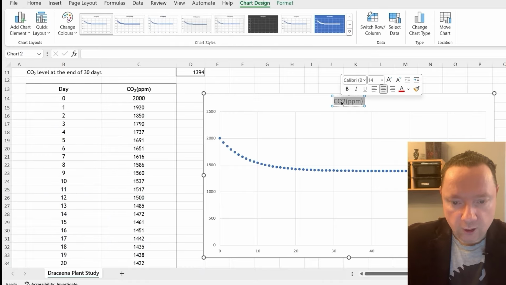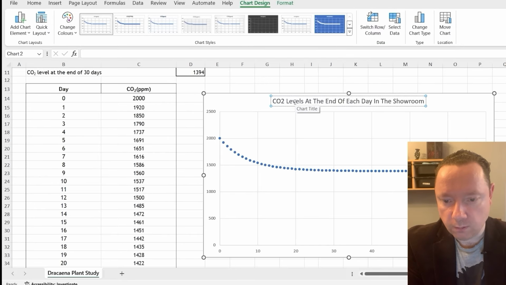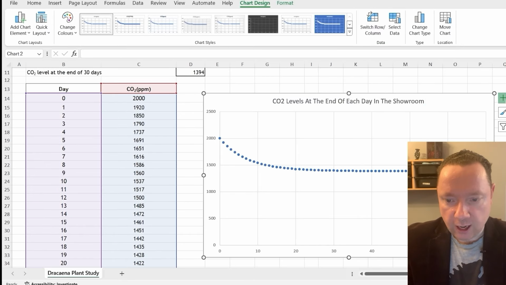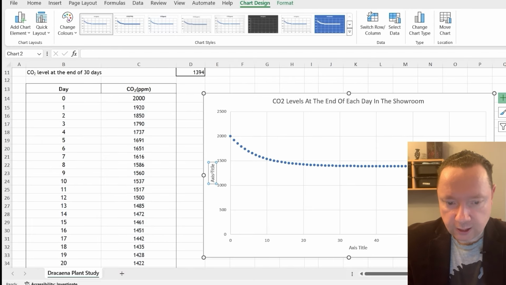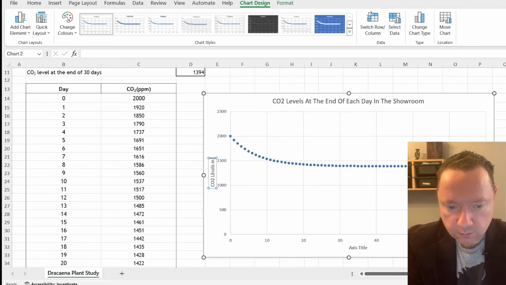So, title, CO2 levels at the end of each day in the showroom. And then we need to add our axis labels, so axis titles, CO2 levels in parts per million.